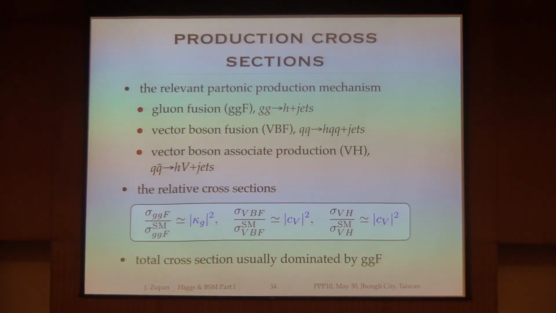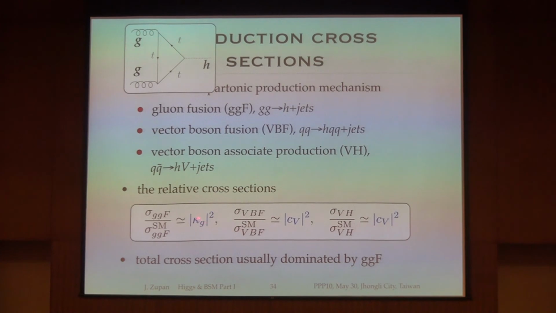Now there's a change in the production cross-sections. We have three main production cross-sections which are being probed now. If you look at gluon-gluon fusion, the gluon goes through a top to a Higgs. That's in the standard model. If you have other contributions, we call this kappa G, and the new cross-section will be just kappa G squared compared to the standard model.